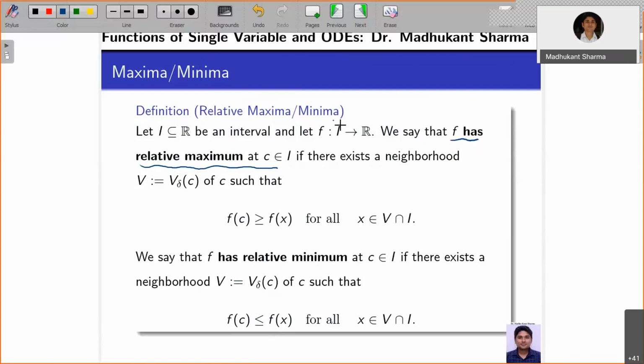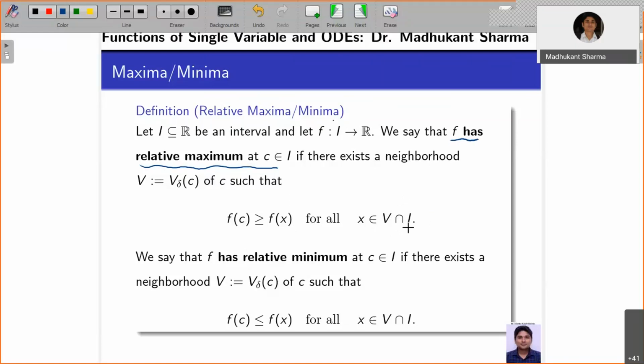Here we are only particular about a point C inside I, and we say that f has a relative maximum at C. It means you have a function's behavior and you are only considering a small part of the interval I. If you are able to identify a neighborhood V of c such that f of c is greater than or equal to f of x for all x in V intersect I, with the function defined there, then we say that f has a relative maximum at c.